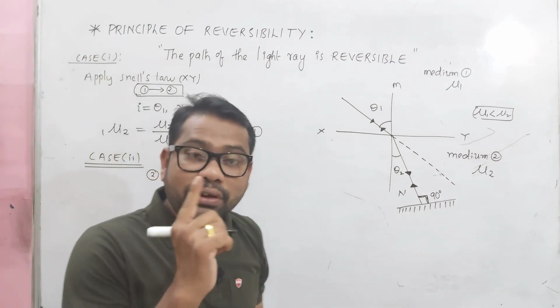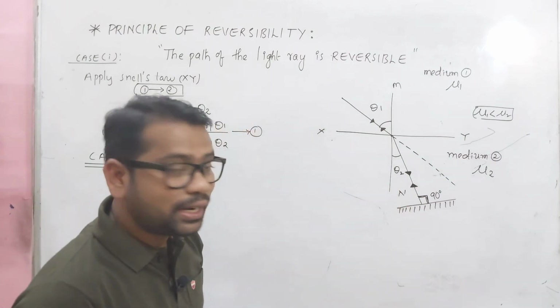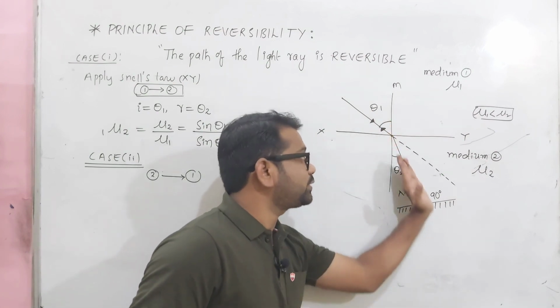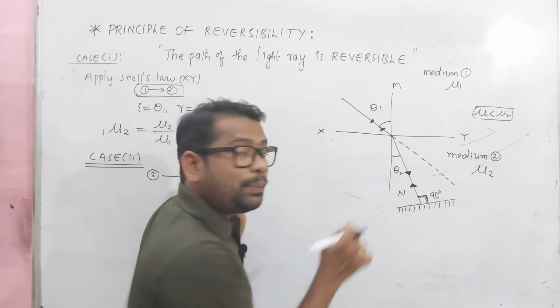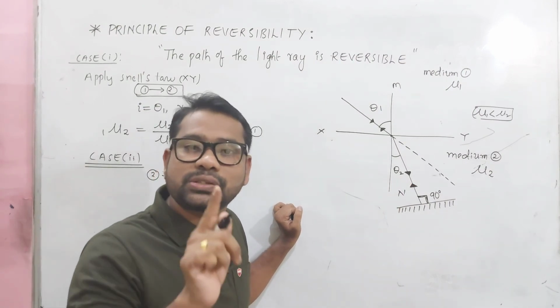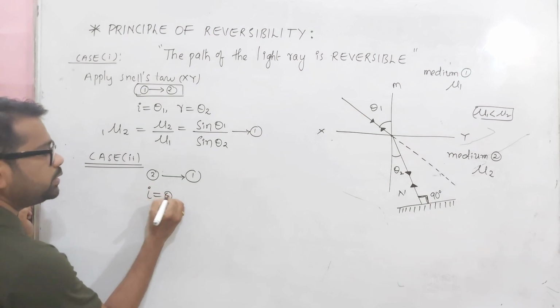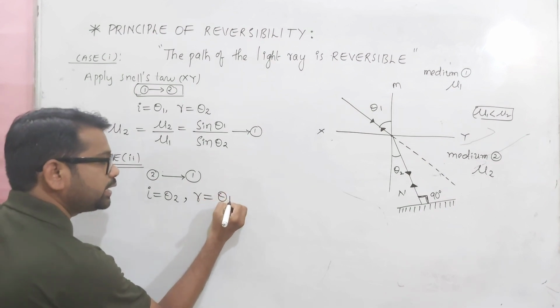But dear children, here is one important thing which we have to notice. What is the angle of incidence here? In this case, theta 2, because light is going like this. Now, this will become the incident ray. So, theta 2 will become the angle of incidence in this case, whereas the angle of refraction will become theta 1.